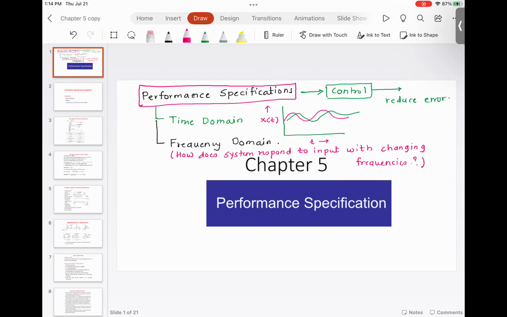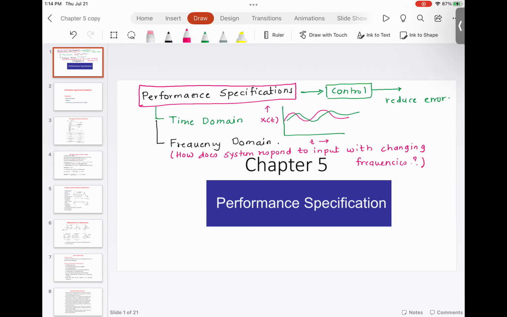And this is a very important question because many a times the system may not respond to the input that is supplied to it. So the system could either overshoot, undershoot, may respond, or completely go unbounded. So we need to know how does the system respond.